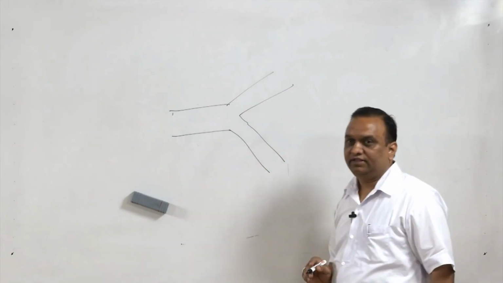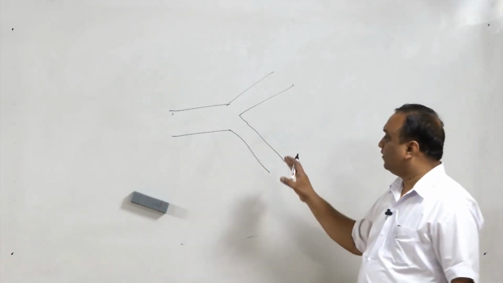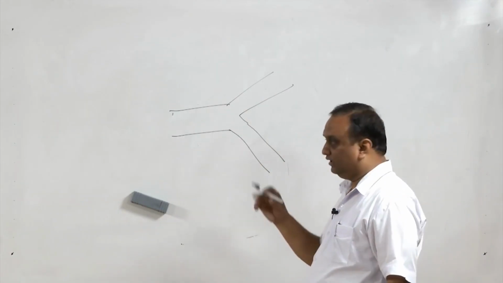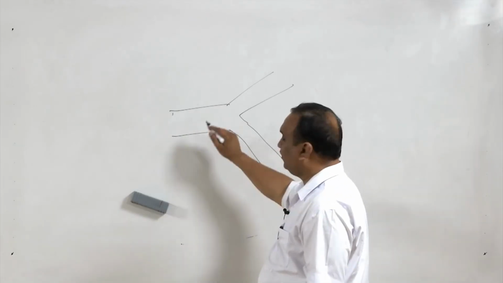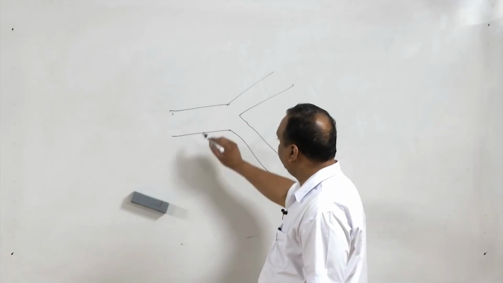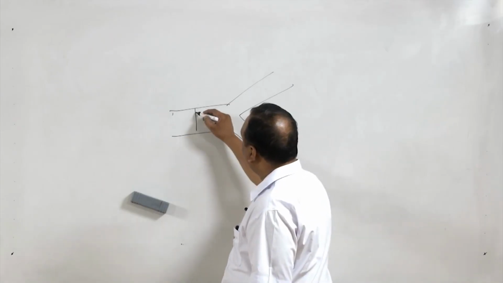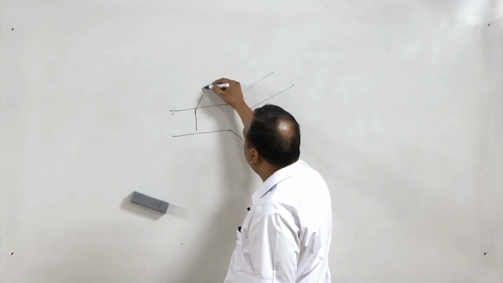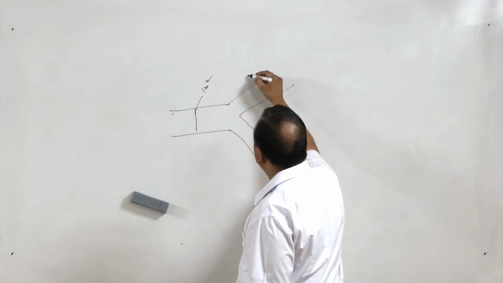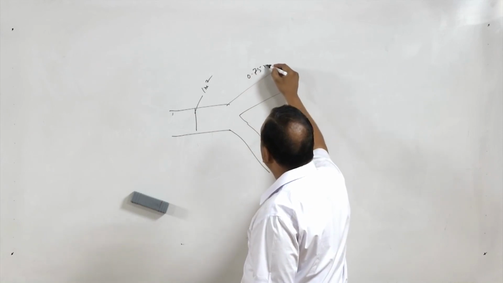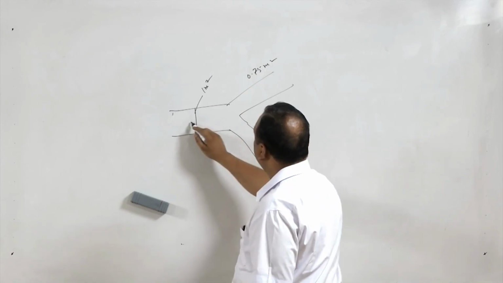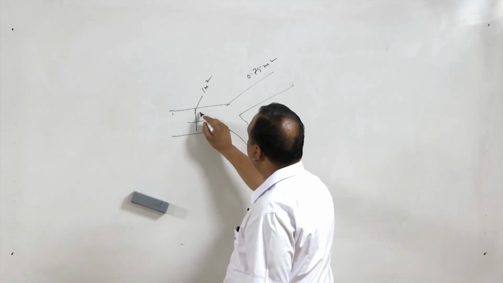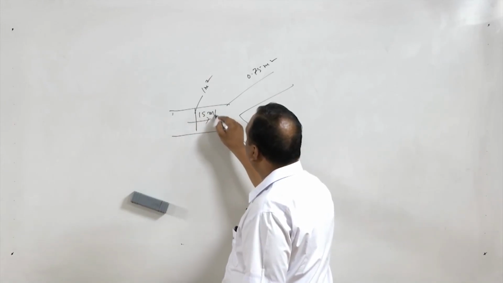The pressure losses in the bends and such types of splits we will discuss in subsequent lectures, but definitely the conservation equation here will hold good. Suppose the cross section of this main duct is 1 meter square and the split is 0.75 meter square and this is 0.25 meter square, then velocity is, let us say, 15 meters per second.